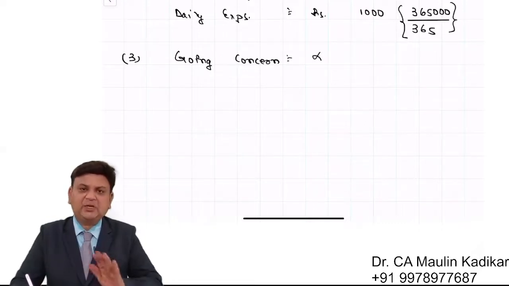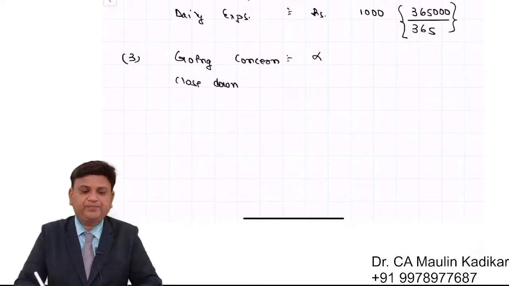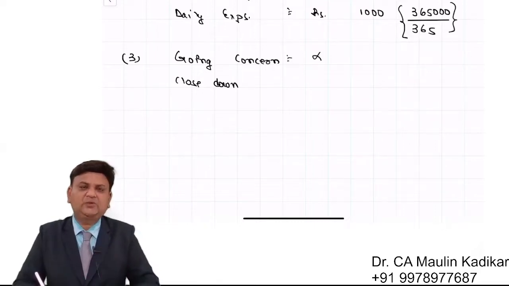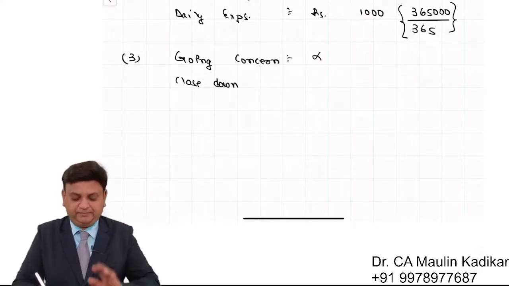The company does not have an intention to close down the business in a shorter time period. That is very similar to the assumption in Accounting Standard 1, in which the company has an intention to carry on the business for a longer period of time.